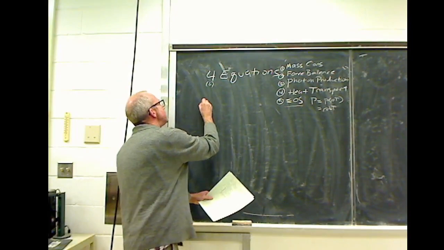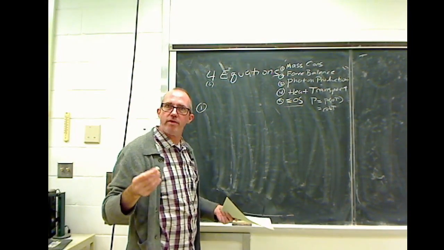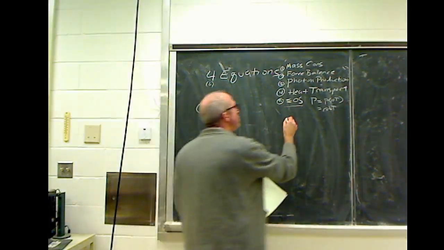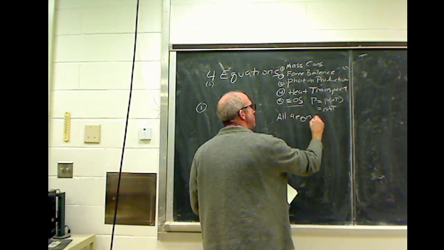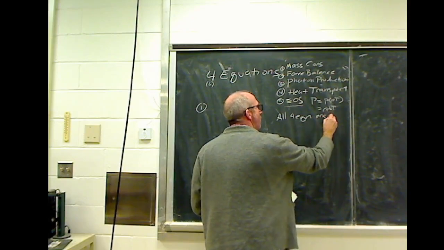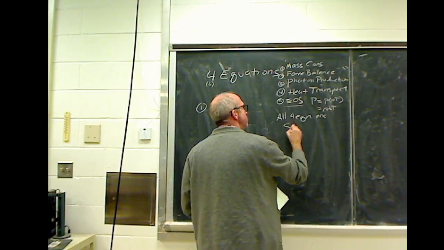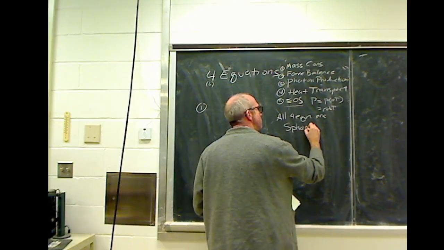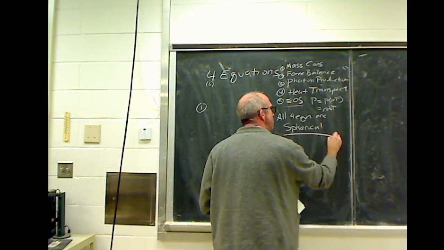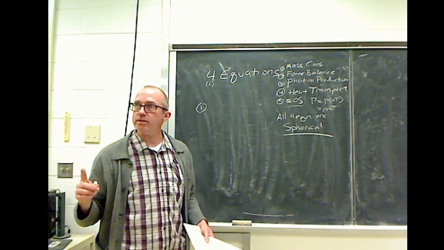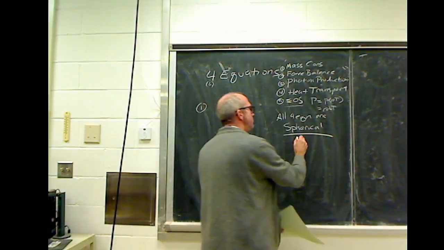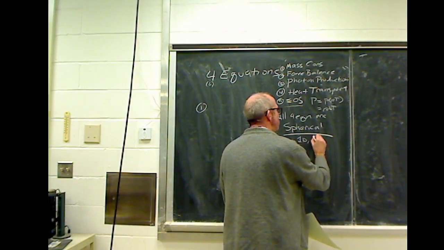The first equation tells me where the mass is. All 4 equations are spherical, so they're one-dimensional equations where the radius is the only dimension.